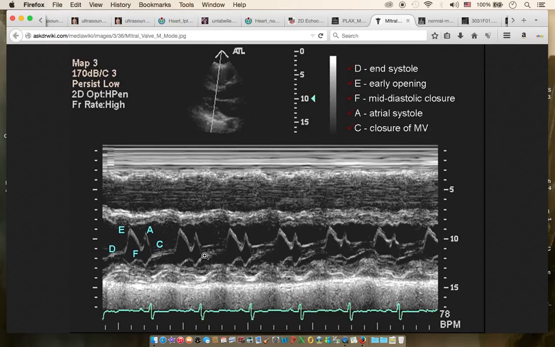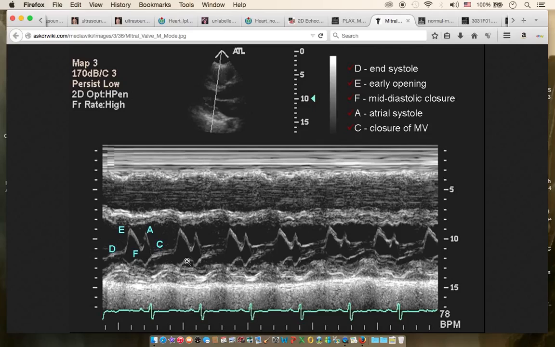Or the other way around, if the patient has an A wave larger than the E wave, that means the patient has, for example, a stiff ventricle. I think you heard about the fourth heart sound. When you have a stiff ventricle, the left atrium contracts against the stiff ventricle to just push the blood to the left ventricle. Okay, that means the patient has a stiff ventricle.